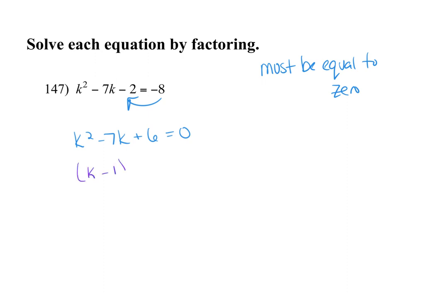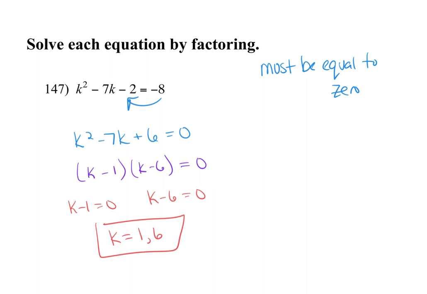If there is something other than a 1, then you're going to have to use your method where you multiply across. Once you factor, you are not finished. You have to set each factor equal to 0 and actually solve for what x is, or what k is in this case. So your answers will be numeric here when you're solving. You will have numbers as your answer. You won't have variables.